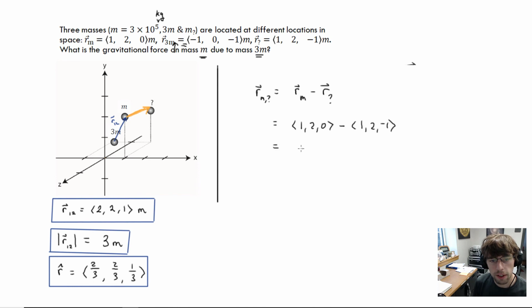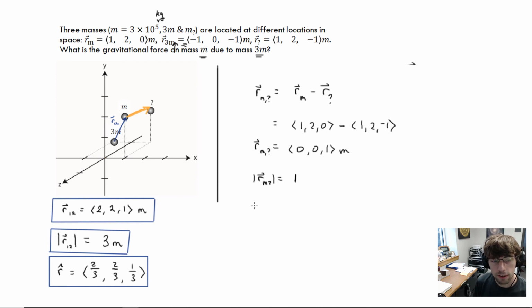And so I get something that says, okay, well, it should be 0, 0, oh, that's nice. Well, that's rather nice. Which means you can see right away the magnitude of this vector, m question mark, is equal to 1.